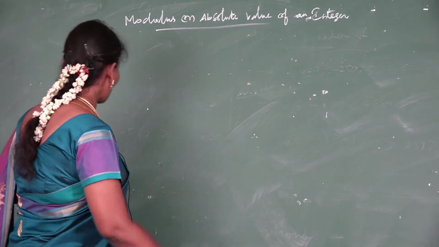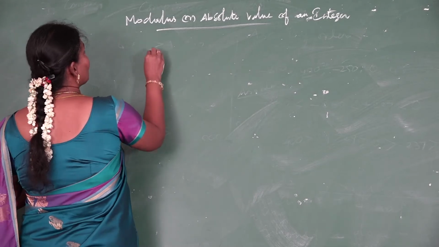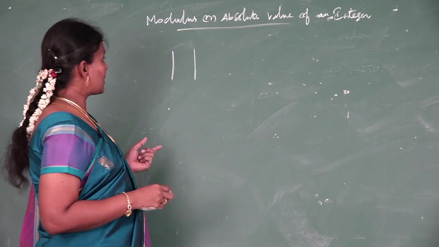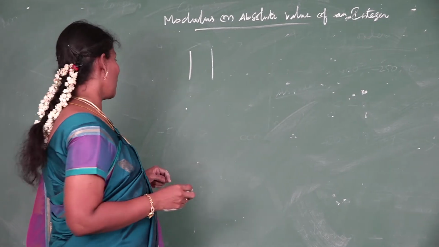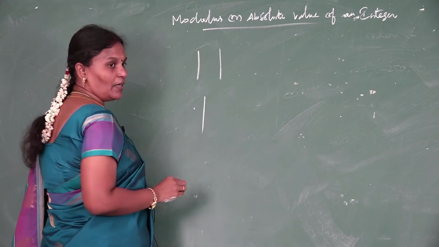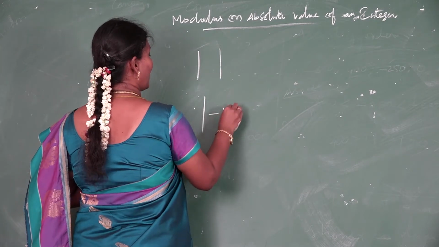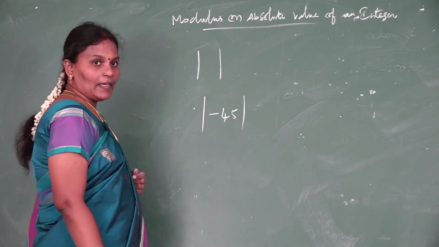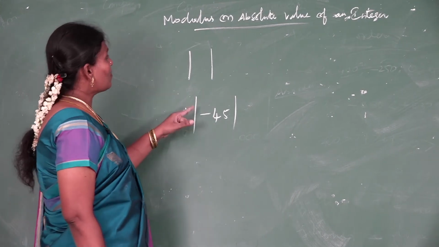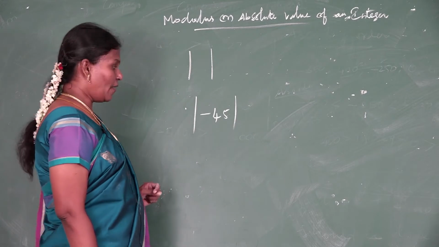For example, see, this symbol represents modulus, or absolute value. For example, you take the modulus of minus 45, minus 45 as an integer. What is the absolute value of minus 45?